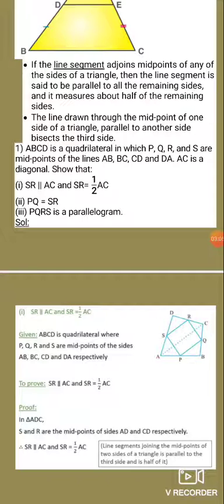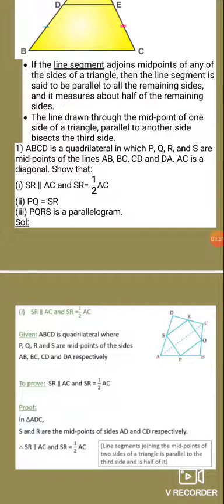AC is the diagonal. Show that: first, SR is parallel to AC and SR is equal to half of AC. Second, PQ is equal to SR. Third, PQRS is a parallelogram.